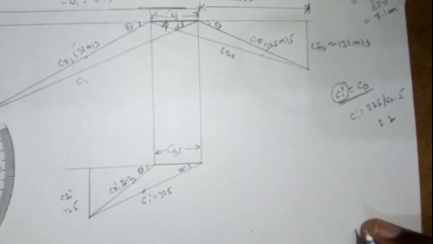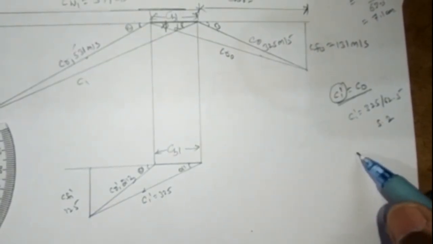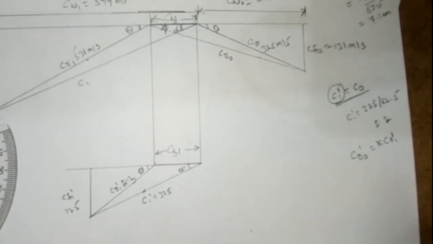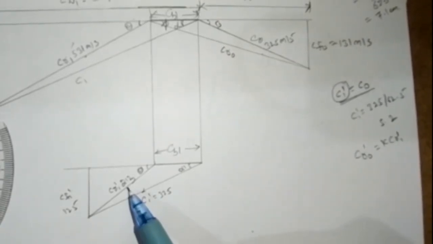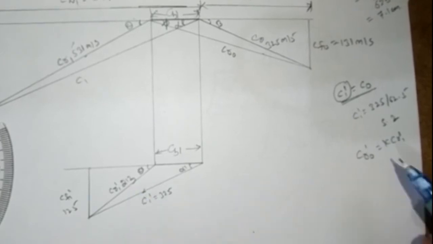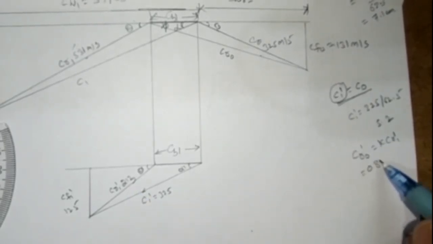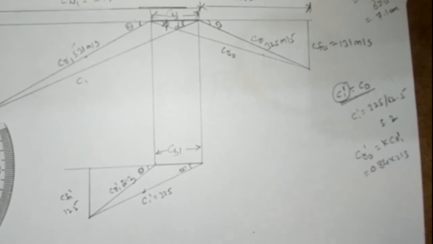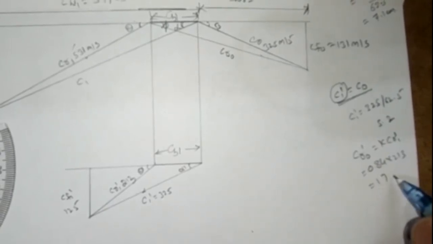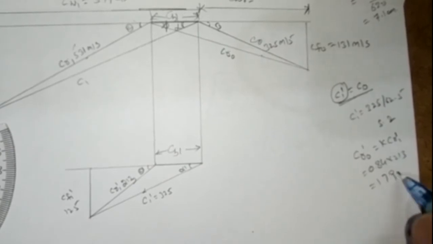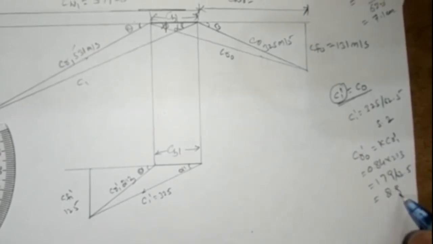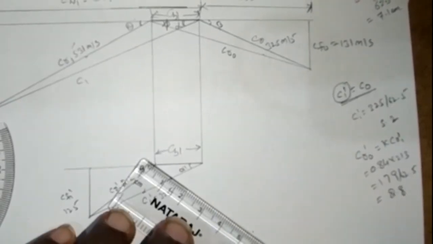We just observed the CR1 dash value 213. 0.84 into 213, around 178 point something, rounded to 179. Divided by 62.5, 2.8 centimeters. So here at this angle, 2.8 centimeters.